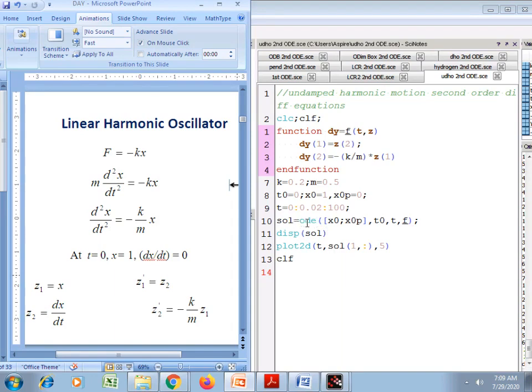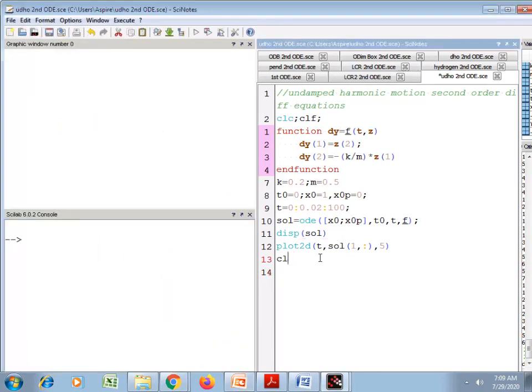So the solution is equal to the function ODE with the first argument x0 and x0 prime, then t0, t and f. The disp command will display the solution, and the plot2d function will plot the solution against time. The argument 5 is for the color of the graph. So save and execute.